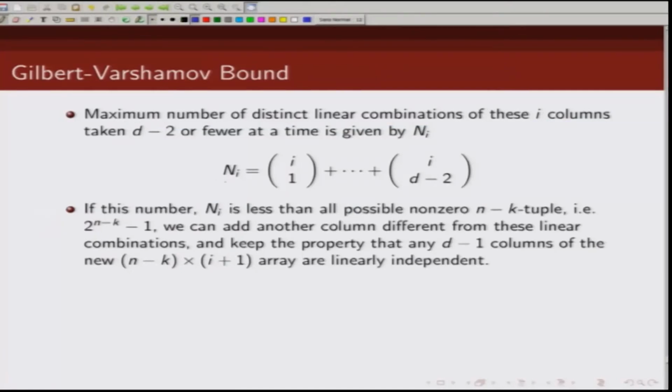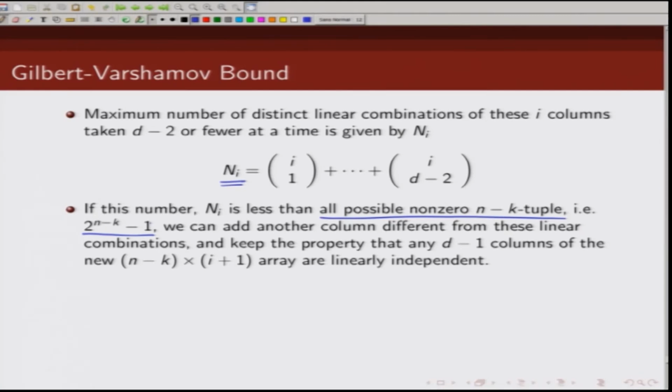Now, if this number N_i which we just computed is less than the number of all possible non-zero n minus k tuples. Now, how many non-zero n minus k tuples do we have? We have a total of 2 raised to power n minus k minus 1, because one of them will be the all 0 tuple.